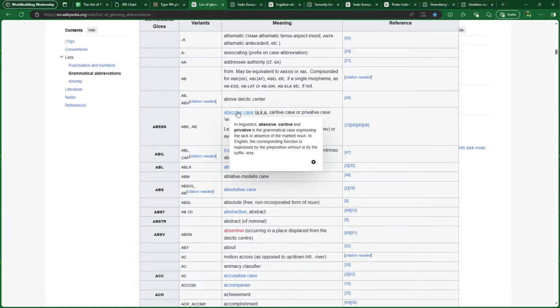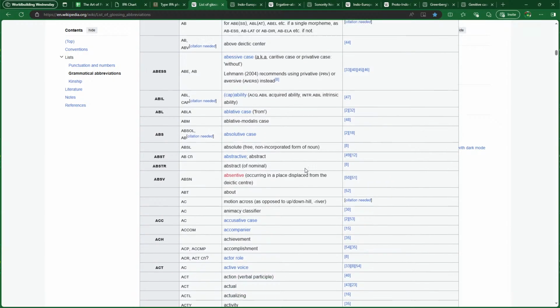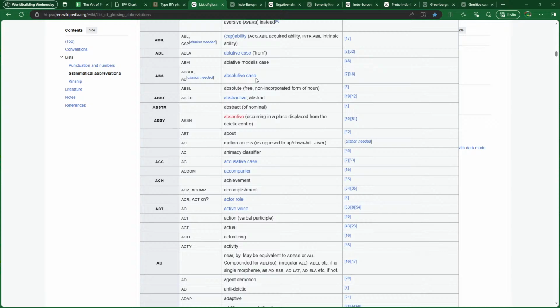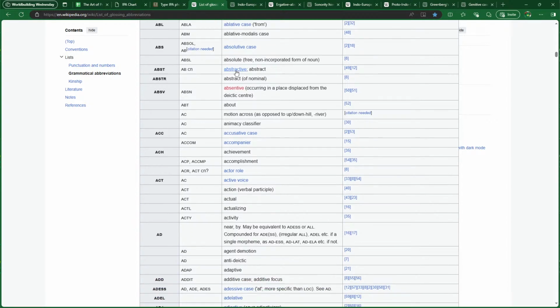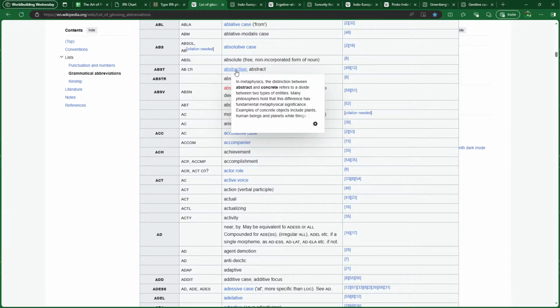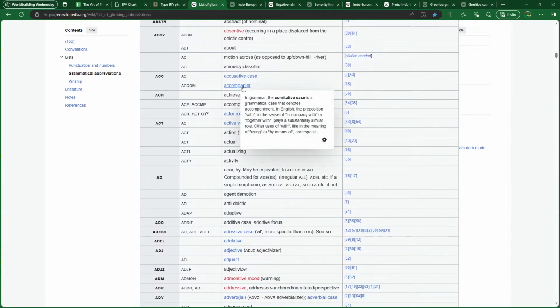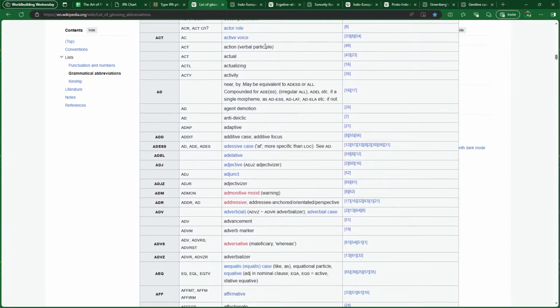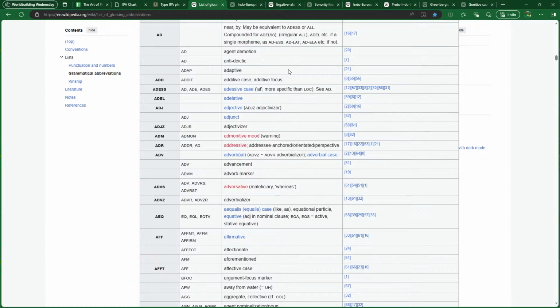Abessive case: expressing the lack or absence of the marked noun. Absolutive, abstractive. The distinction between abstract and concrete refers to a divide between two types of entities. Okay, no. Accompanier? No. That's active voice.